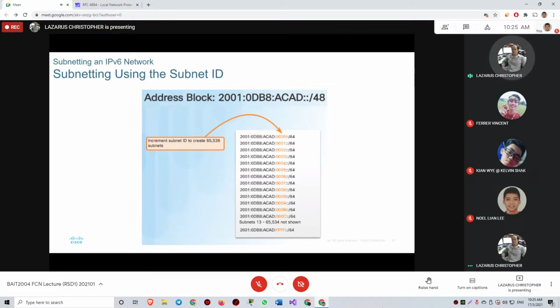Okay, from this you can create around 65,000 subnets, with each subnet having 2 to the power 64 minus 2 IP addresses, and they are all globally unique. It's overkill for an individual.